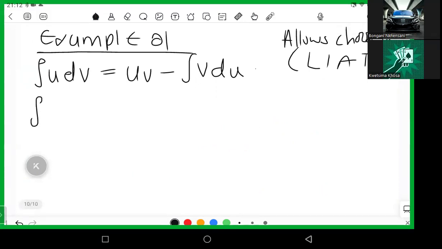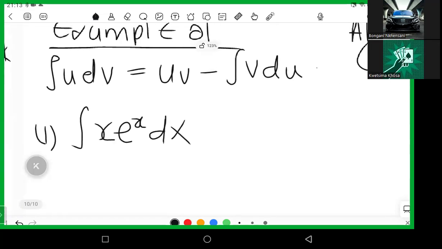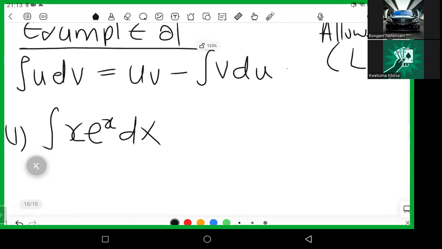So now let's say you are given this product of two functions. So example number one, let's say you are having the integral of x e to the x dx. So x multiplied by e to exponent x dx.